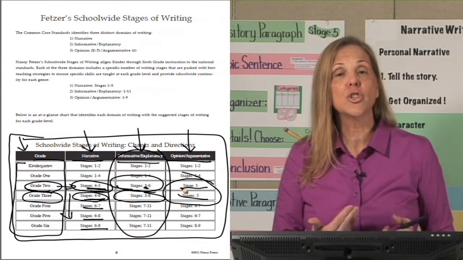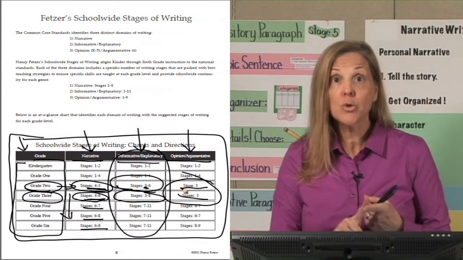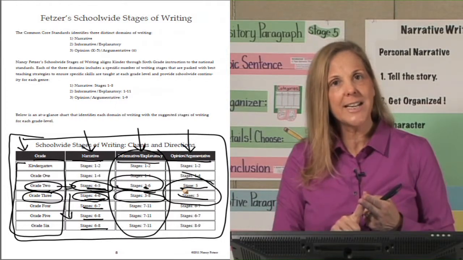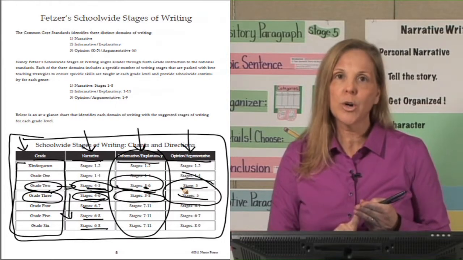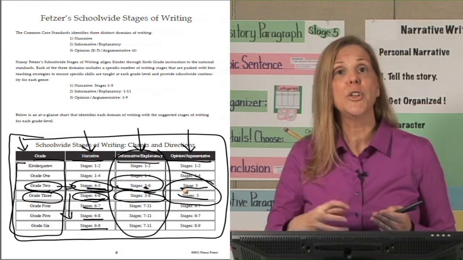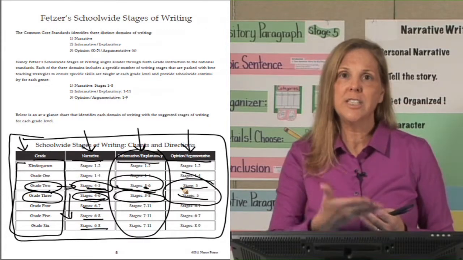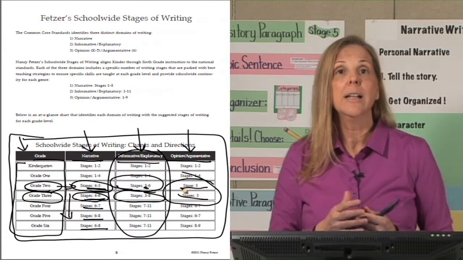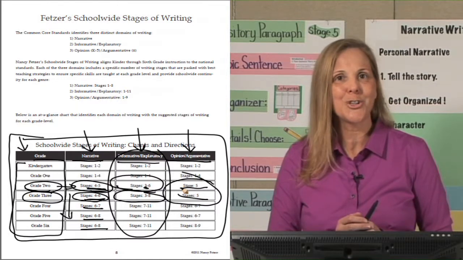As we conclude this chapter, you have your standards addressed, my stages of writing system, and also the organizers you will utilize when you're planning with your students the different areas of writing that you need to address in order to master your standards.